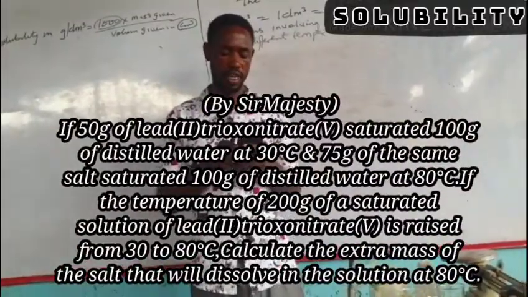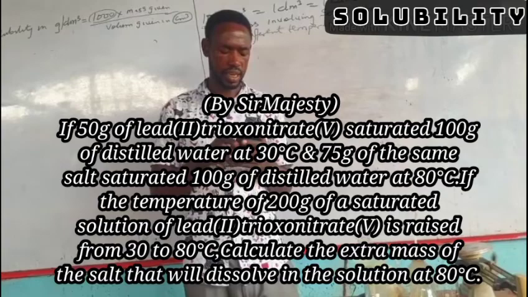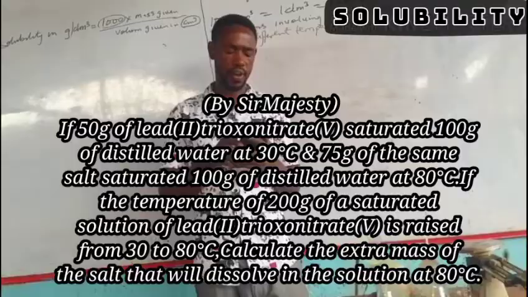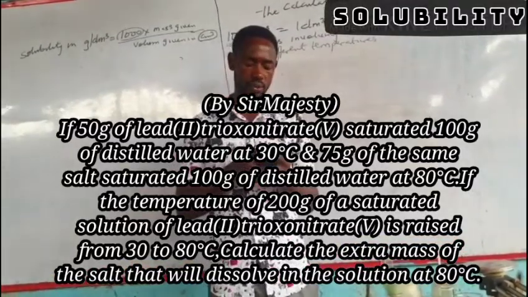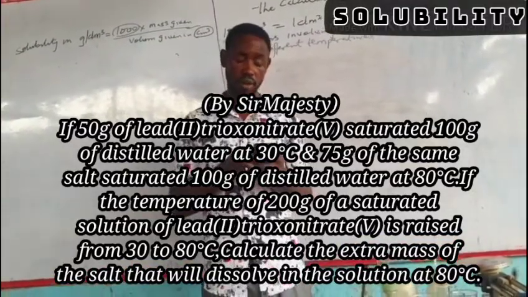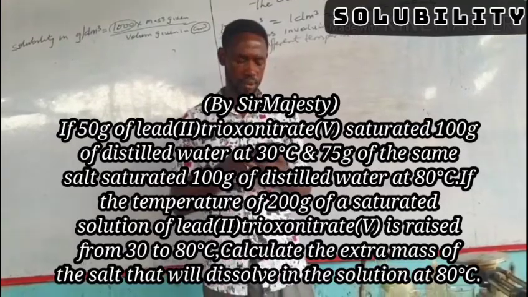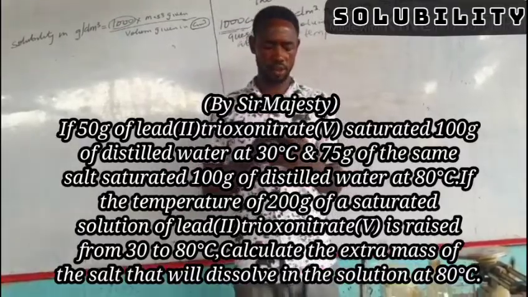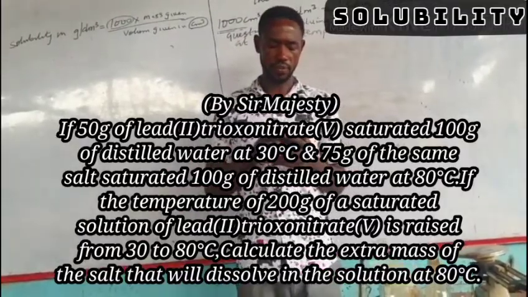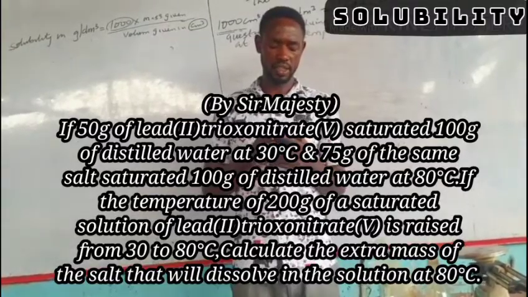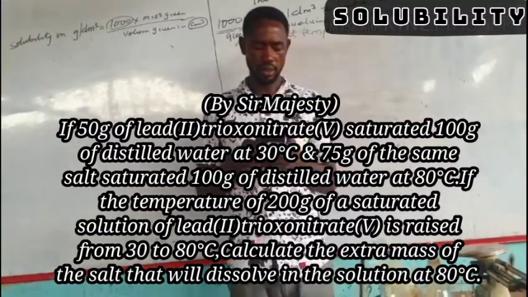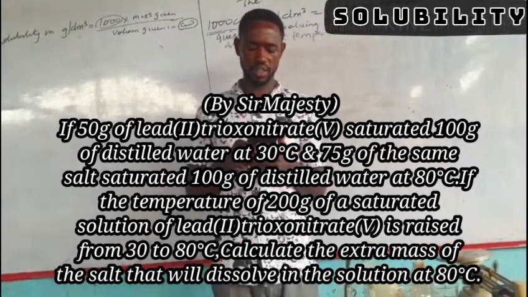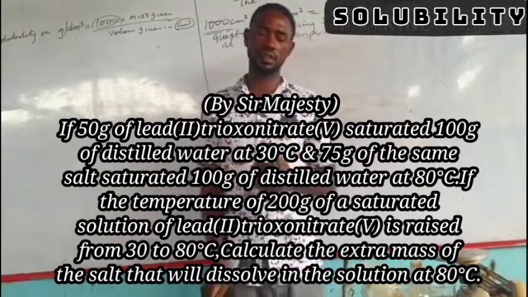If 50 grams of lead nitrate saturated 100 grams of water at 30 degrees and 75 grams of the same salt, that's lead nitrate, saturated 100 grams of water at 80 degrees Celsius, if the temperature of 200 grams of saturated solution of lead nitrate is raised from 30 to 80 degrees Celsius, calculate the extra mass of lead nitrate that will dissolve in the saturated solution at 80 degrees Celsius.